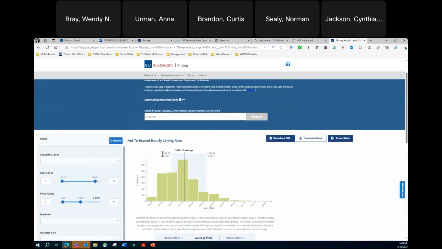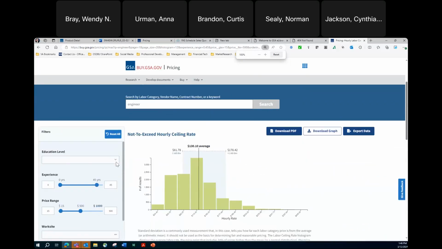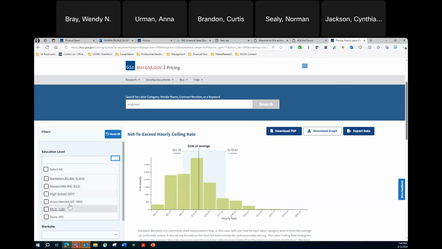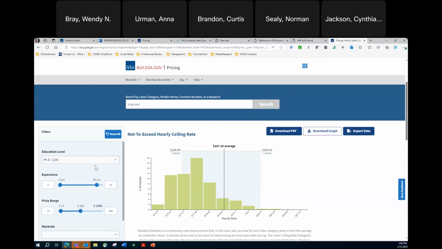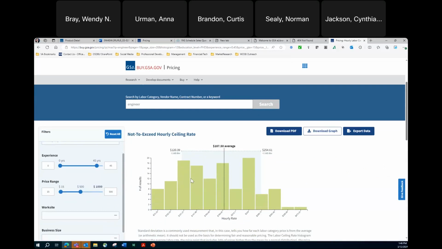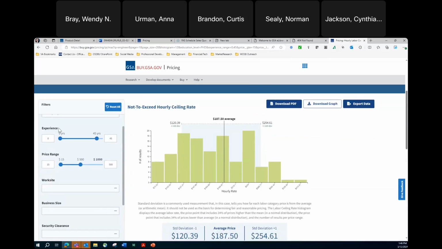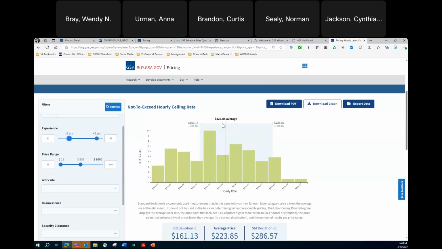Now, engineer is really broad. Let's say I only want engineers that have a PhD. Now see how my rate changes. Standard or average rate is 187 with at least 11 years of experience. That changes again.